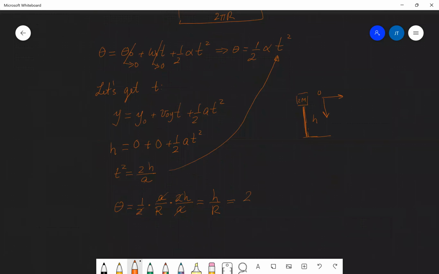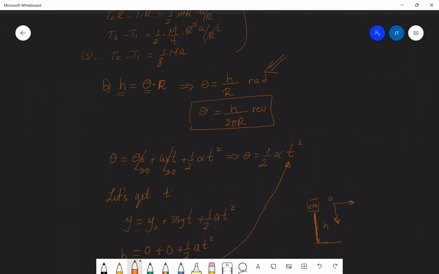So which is equal h over 2 pi r revolutions. Okay. Same approach, but we needed to get time in this case, which we may need to use for part C. So this is how many revolutions the pulley makes during the fall of 2m, okay?